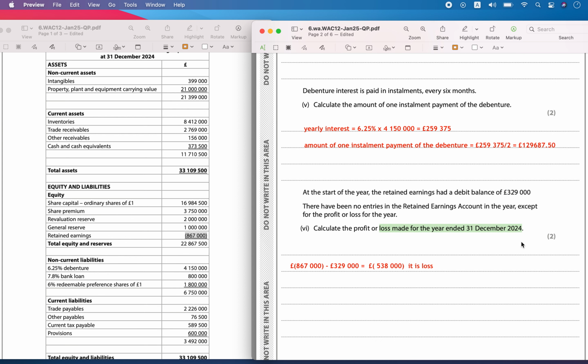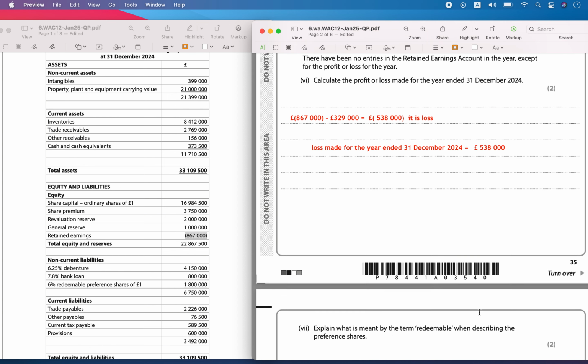So the loss made for December 2024 was equal to 538,000, and it was transferred to the financial statement as retained earnings.